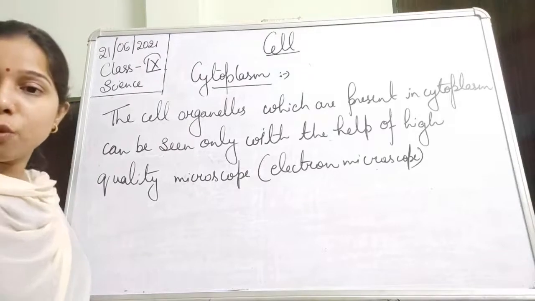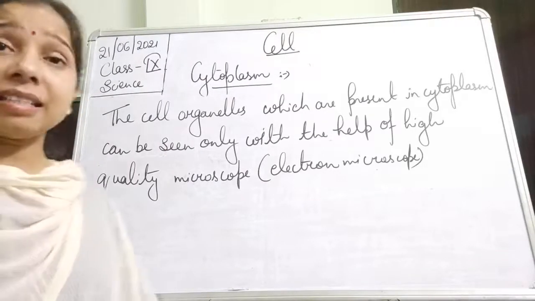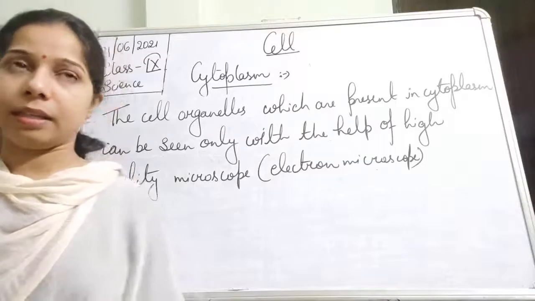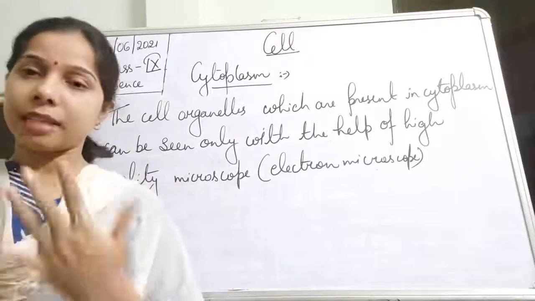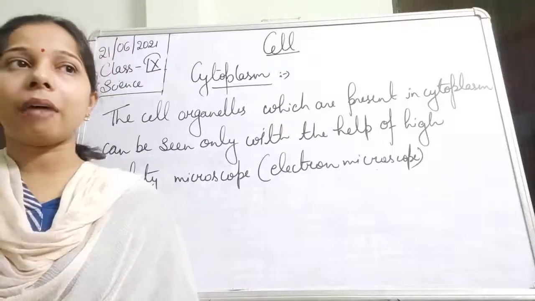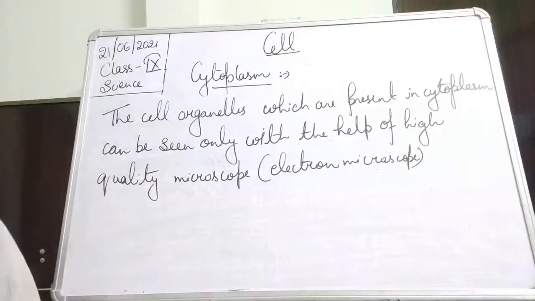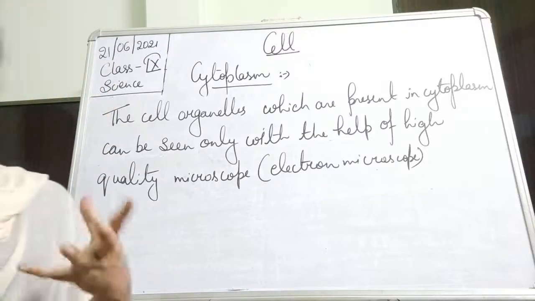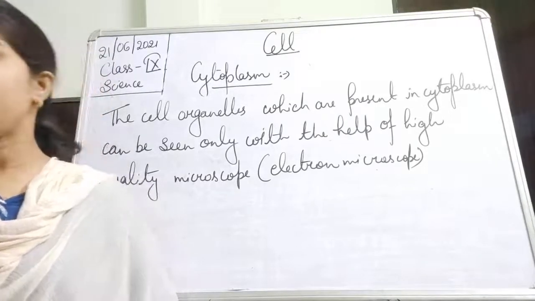Now, before we go further, let me tell you a few things about viruses. Basically, viruses do not have any cell organelles. They do not have a cytoplasm, a cell membrane, or a cell wall, nothing. They only have the genetic material, enclosed in a protein covering called the capsid.